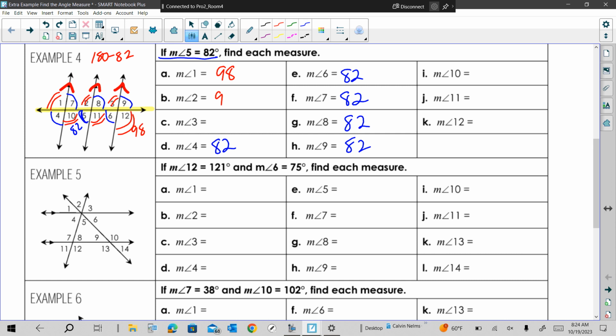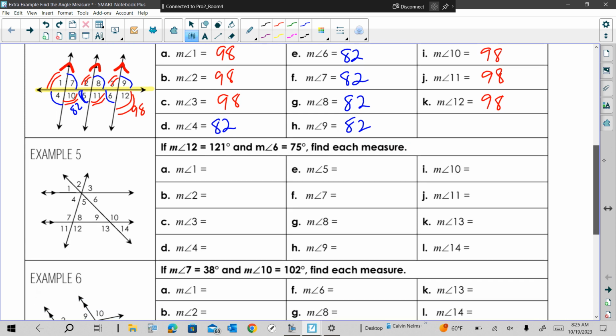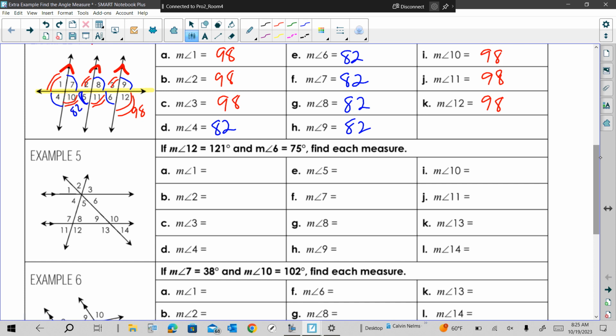Yeah, 98, 3, 98, 10, 98, 11, 98, 12, 98. Okay, so I tend to mark it on the diagram and then transfer it over just to help keep track of everything, especially when you get to more than one transversal.